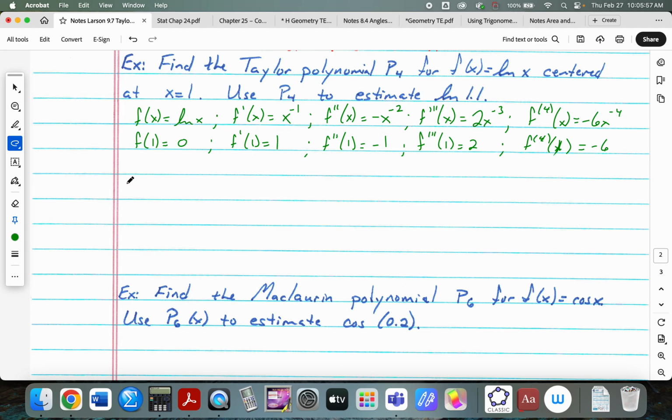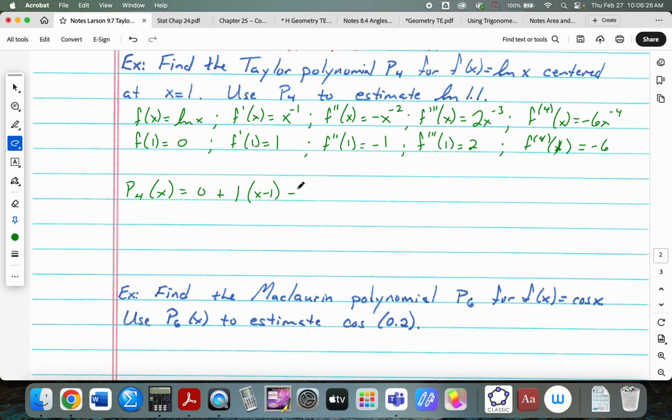So my Taylor polynomial, P sub 4 of x, is going to be equal to, and again, I kind of overdo it. I write out everything and then I simplify it. So I'm not going to just ignore that. I'm going to go, okay, 0, because I might forget something later. And then I've got 1 times x minus 1.